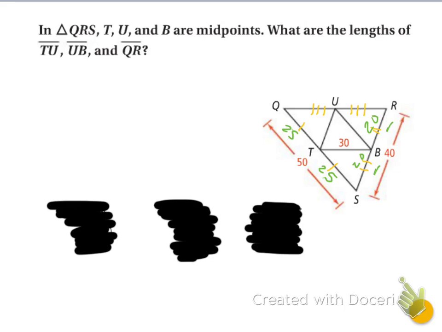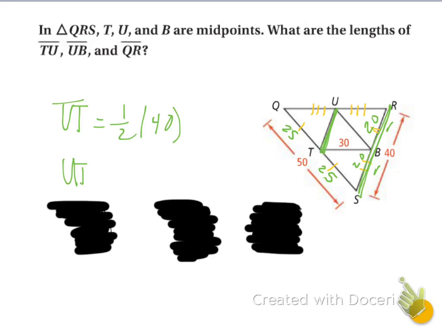Okay. Also, we learned that the small mid-segment should be half of whatever the big one is. So if I'm thinking UT here and I have this big one being 40, I can find UT by just taking half of 40, because that was one of the theorems we learned.